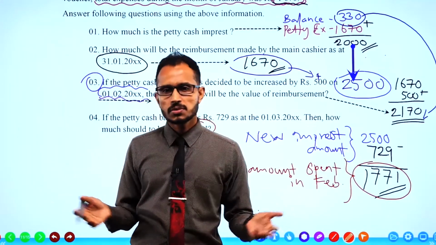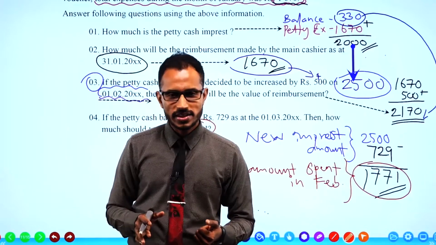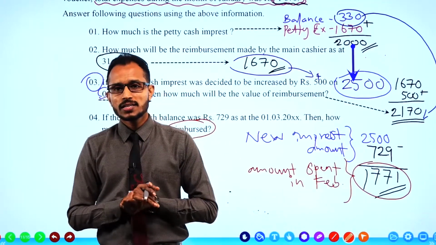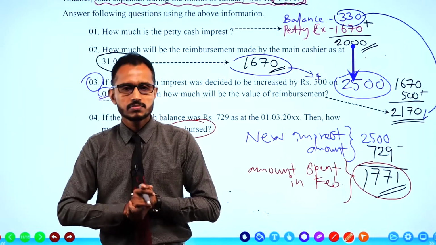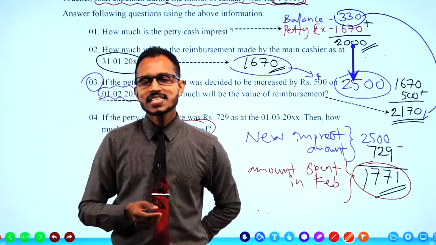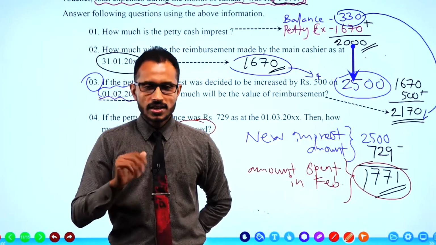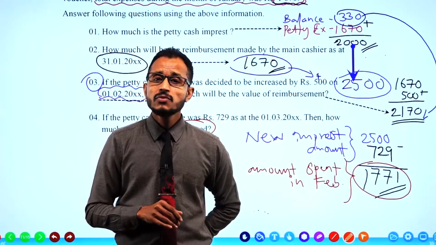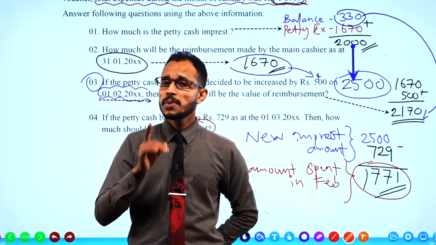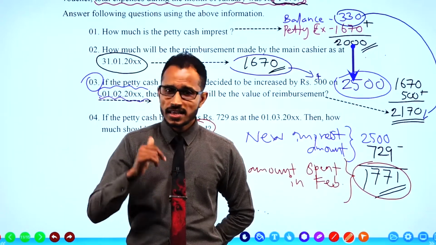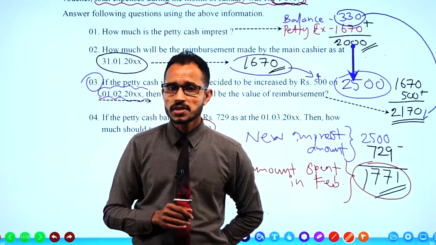Calculations are so simple if you know how to do it. That's what I have been trying to do, to give you the proper understanding. All right, with that, children, we can wind up today's session. We are done with the calculations of petty cash, imprest, reimbursement, and increasing of petty cash imprest.